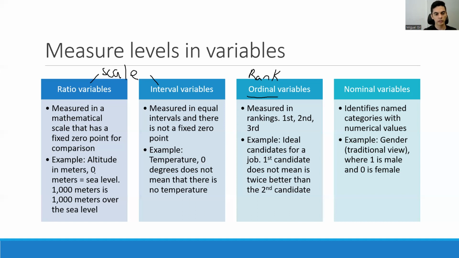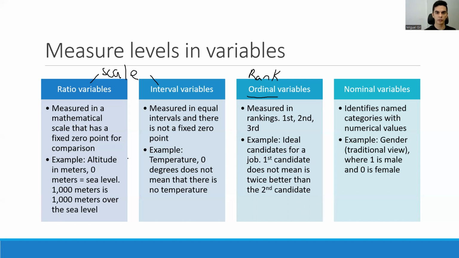Other interesting examples are like altitude. Altitude is also a ratio because if you are at sea level, that means 0. So you are at 0 altitude. In this case, you actually have negative numbers. You can be below sea level. So that's also interesting. But the point is that at 0, you have absence of altitude, no altitude at all. Another example is time.